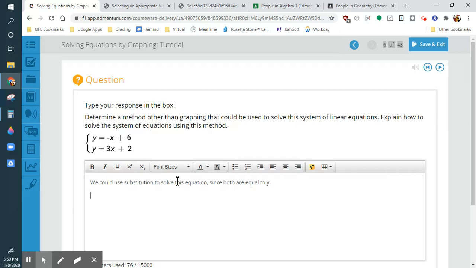So we're going to do negative x plus 6 is equal to 3x plus 2. Because both of them are equal to y, I'm just setting them equal to each other.